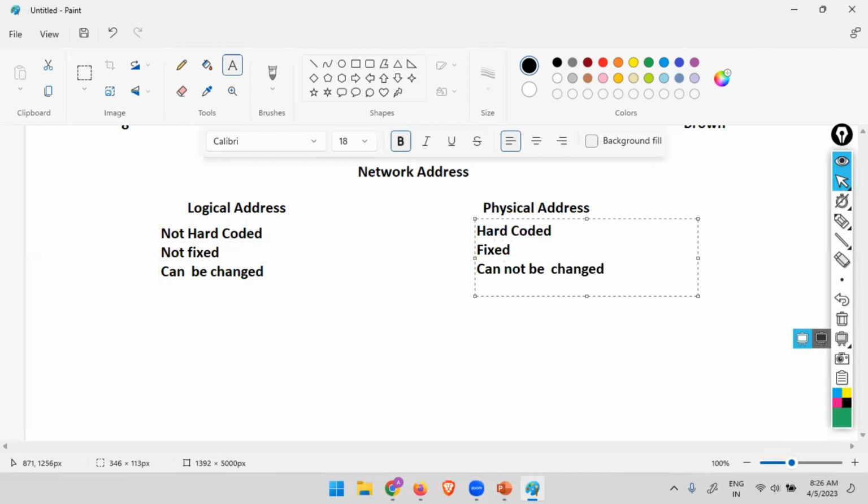Your physical address, sometimes you will see it as a BIA, that is burned-in address. If you look inside your routers and switches, it will sometimes be mentioned as BIA. That is nothing but your MAC address.